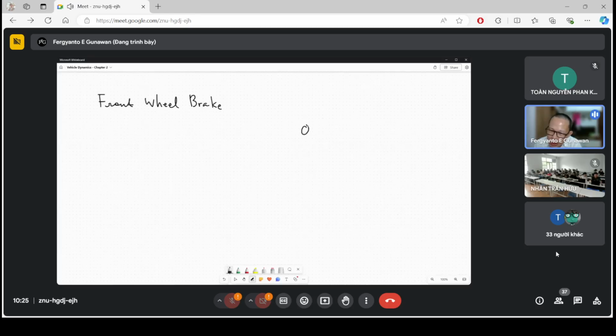Okay, so if the car is this, and the front produces this one, this will be Fx1, two of them. Usually front wheel brake is better than rear wheel brake.